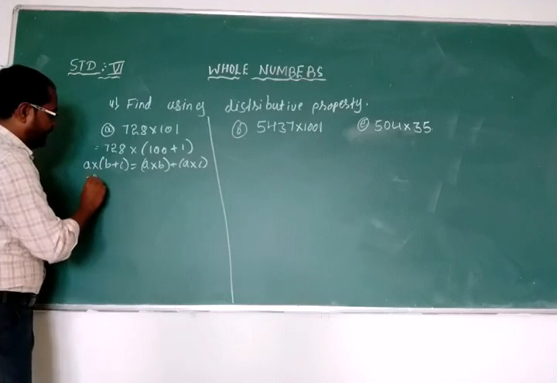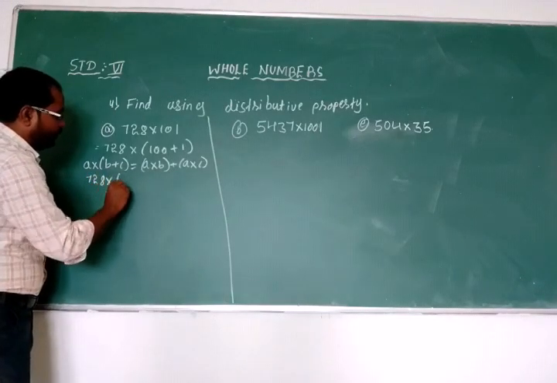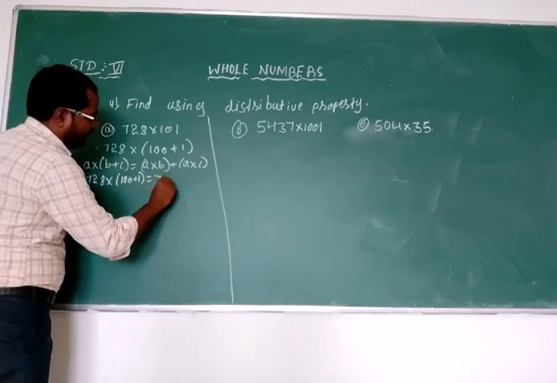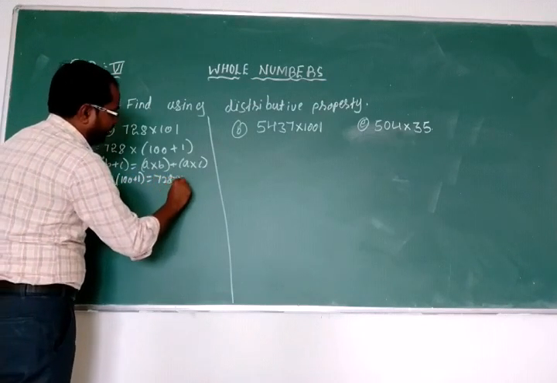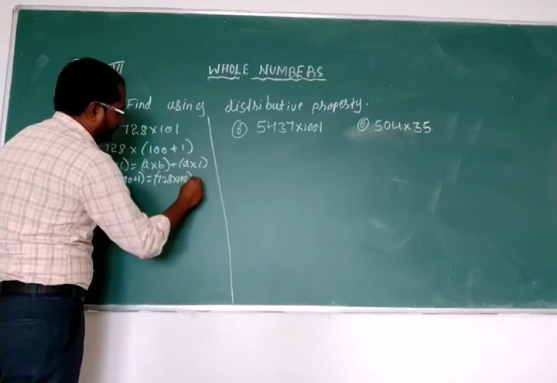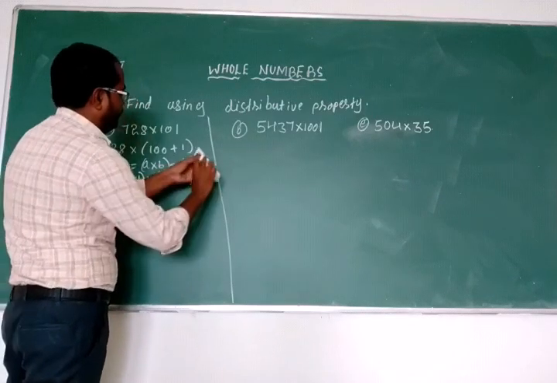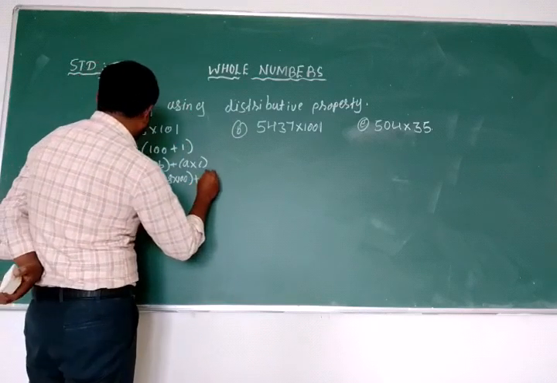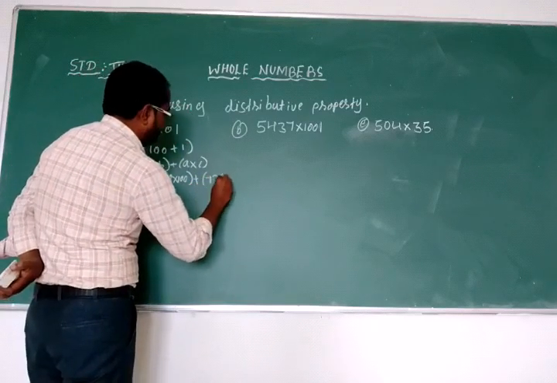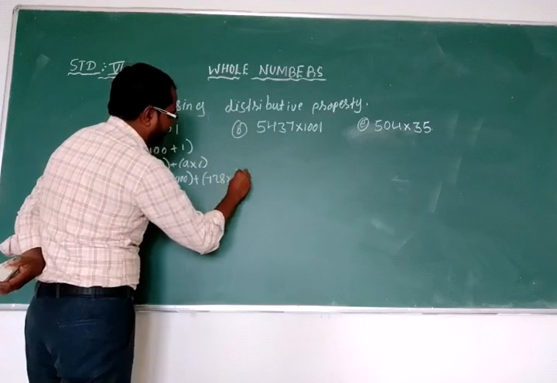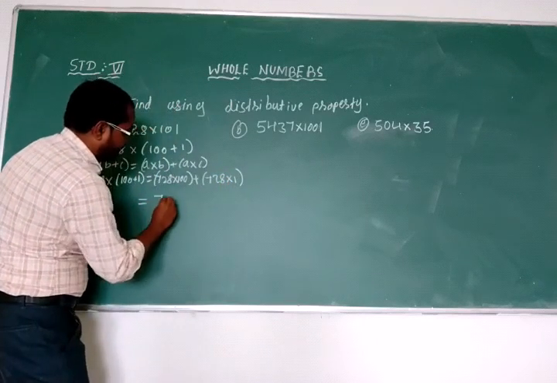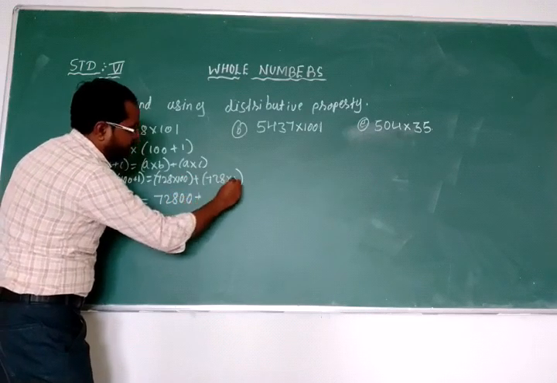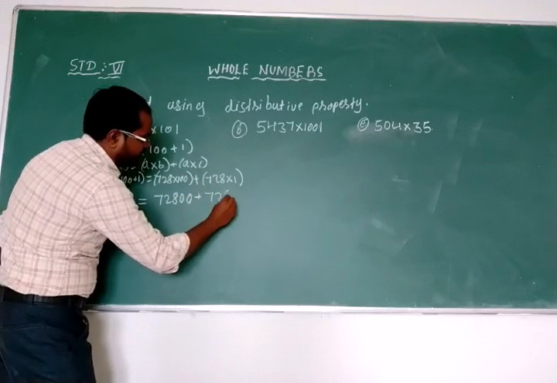So that is 728 into (100 plus 1) is equal to 728 into 100 plus 728 into 1. So on multiplying, how much will we get? 728, you write, there are 2 zeros at the end, write 2 zeros, plus 728 into 1 is 728.